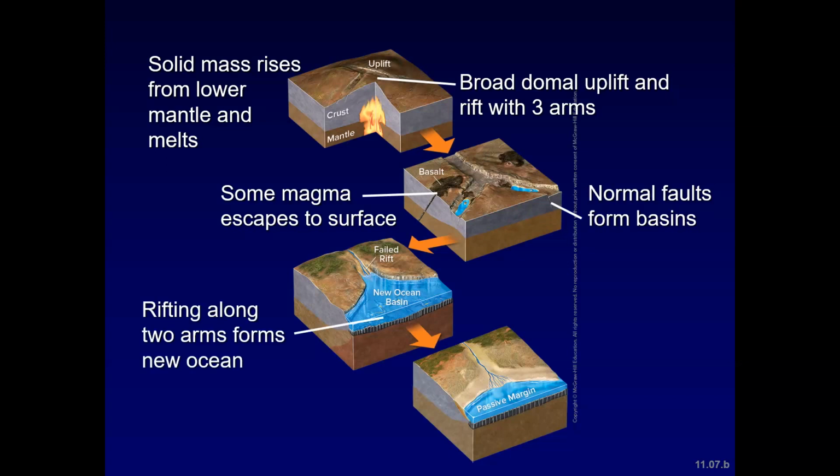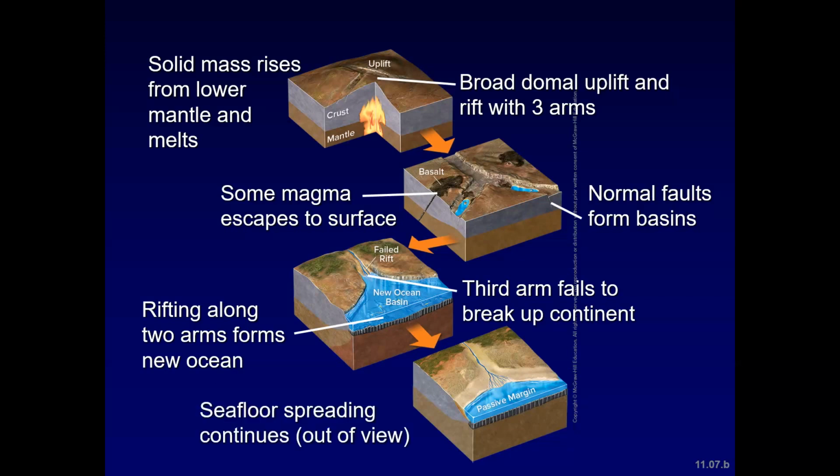Rifting along, say, 2 arms forms a new ocean, and then a 3rd arm could fail to break up a continent as well. And out of view, you would then see seafloor spreading continue. That's how it might evolve over time.